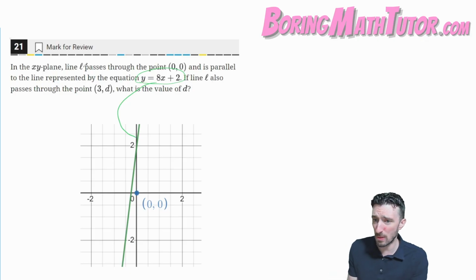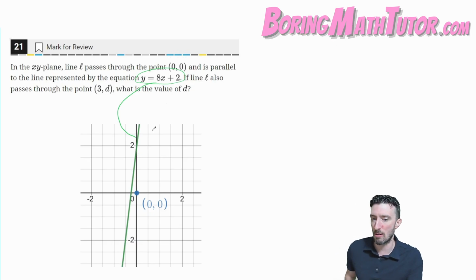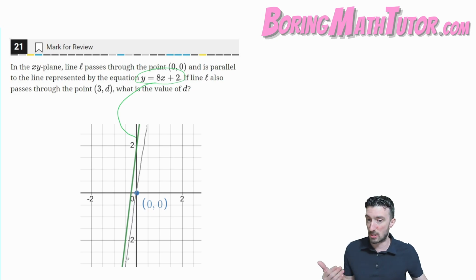But there's some other line that is not graphed right now. It's not here, but it's got to be parallel to the green one. And it also has to go through the point 0, 0. Well, if I have to do that, then okay, let's make it parallel and go through the point. Okay, there we go. It is going to look something like that.